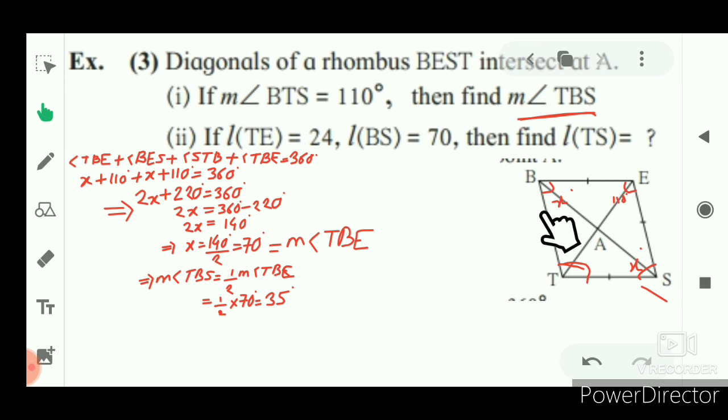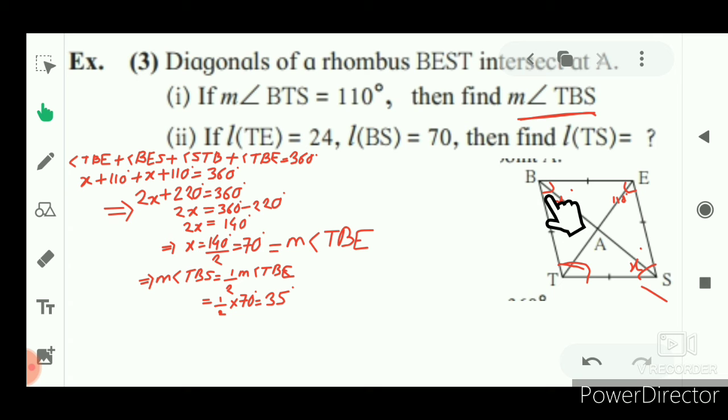So angle TBS will be equal to half of angle TBE, that is half into 70, that is equal to 35 degrees. So angle TBS we have gotten as 35 degrees.